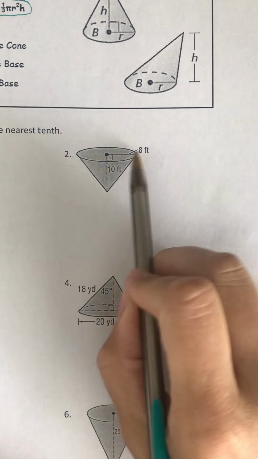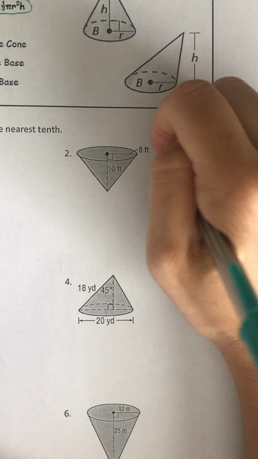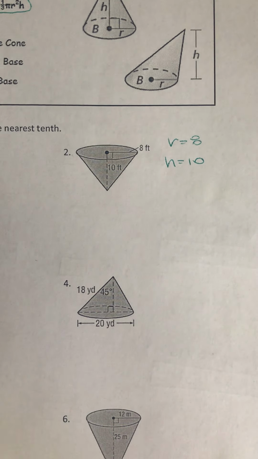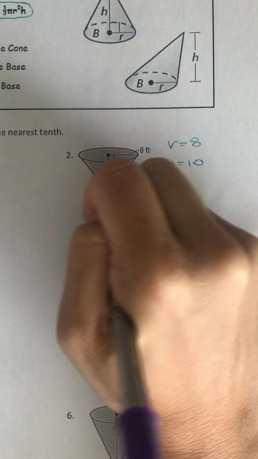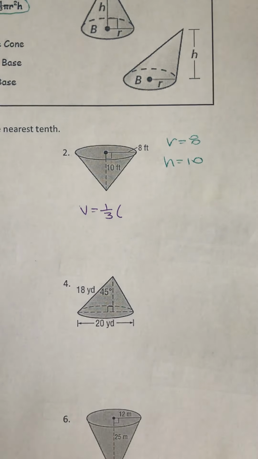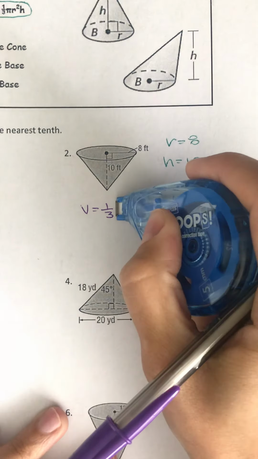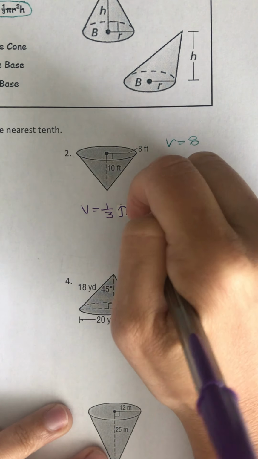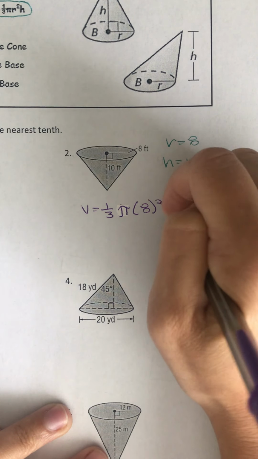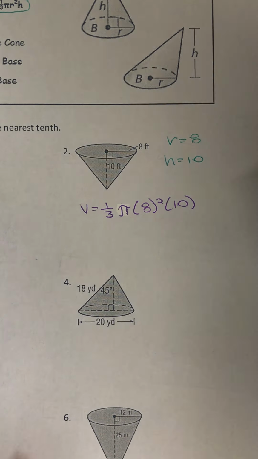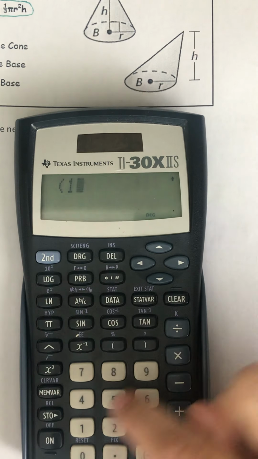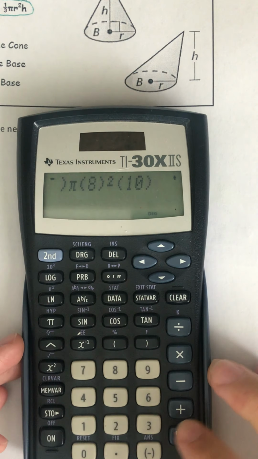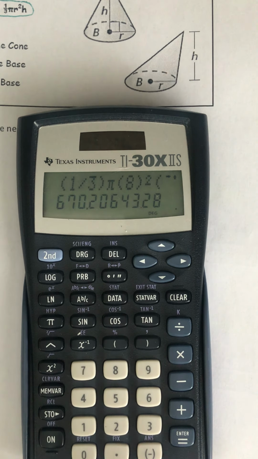The next one, my radius is 8. My height is 10. So my volume is 1/3 pi 8 squared times 10. 1/3 pi 8 squared times 10, and it's about 670.2.